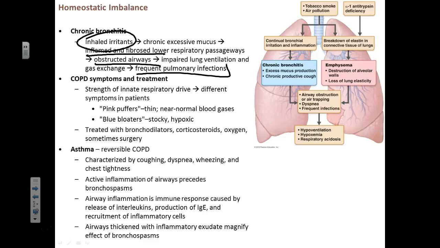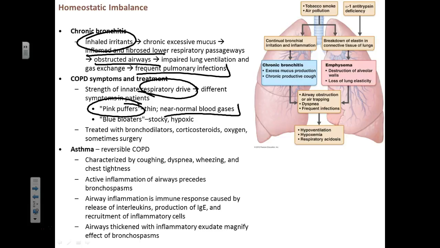Okay. So depending on the strength of the respiratory drive, some of the patients with chronic obstructive pulmonary disease, called pink puffers, can ventilate at a sufficient level, maintaining normal concentrations of gases in the blood.